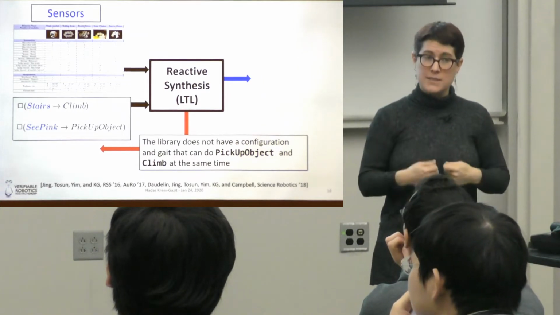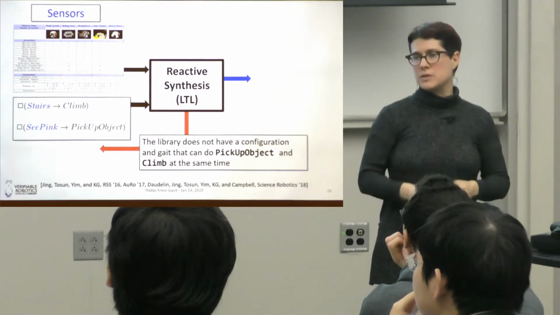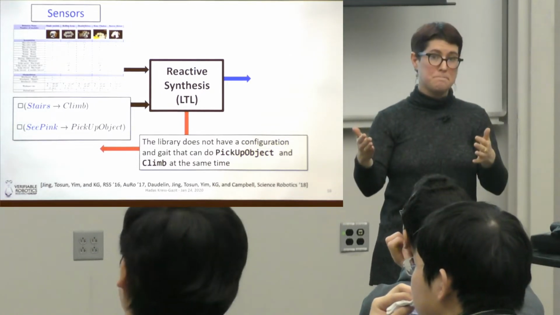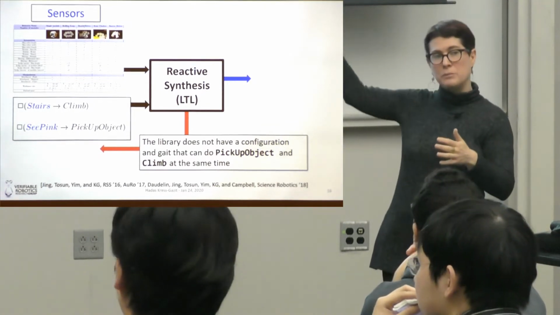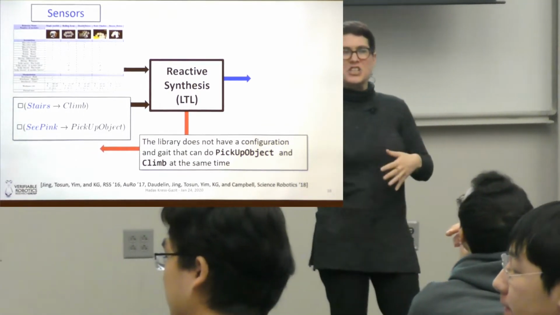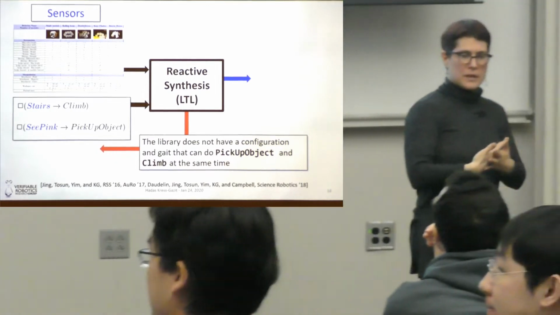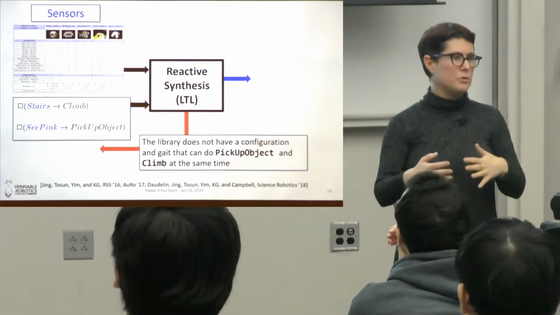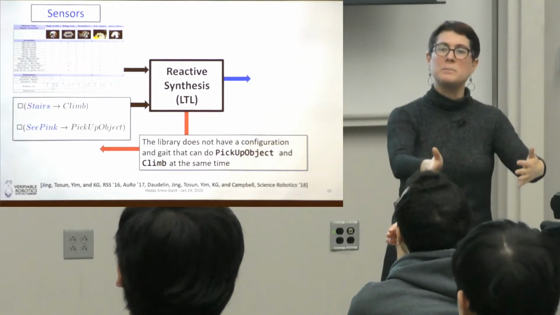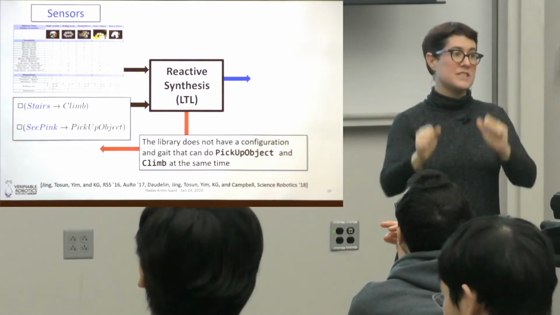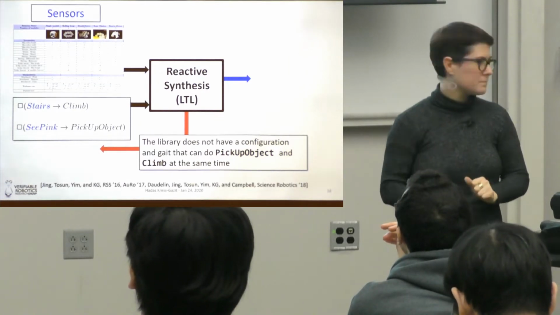So I can say, you know what, I might not be able to do this task, because what happens if I see stairs and a pink object at the same time? That's the type of feedback we can provide. We can also provide other types of feedback coming from the logic: if there are any contradictions or inconsistencies. But here we can also provide feedback about missing configurations and gates to do this task.